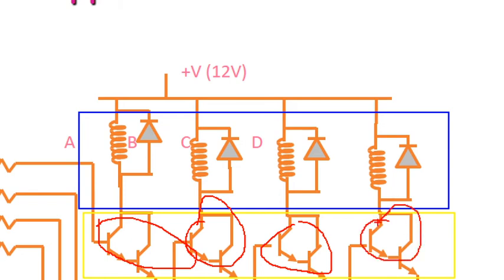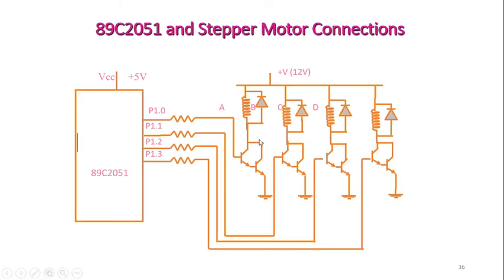Whenever you would like to rotate your stepper motor or any DC motor with the microcontroller, you are supposed to amplify the signal, because the information coming from the microcontroller is about 20 to 25 milliwatts: 20 milliwatts for the source part and 25 milliwatts for the sink part.